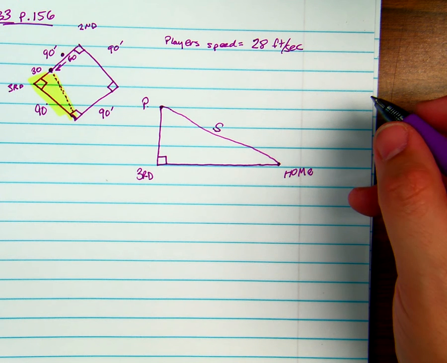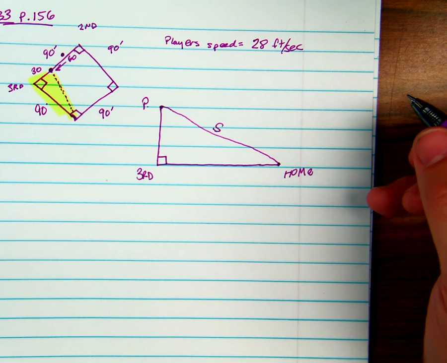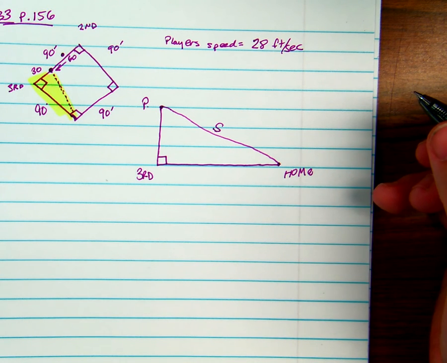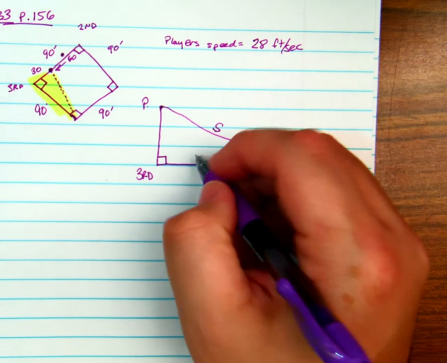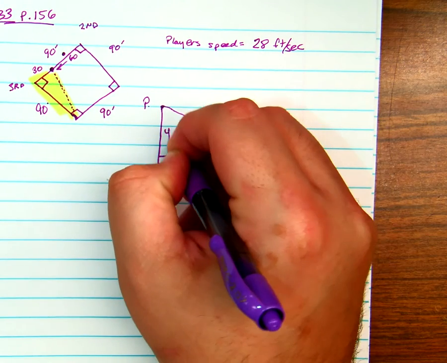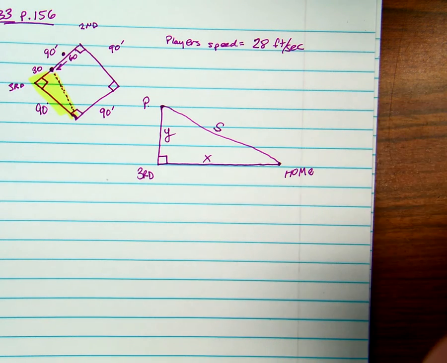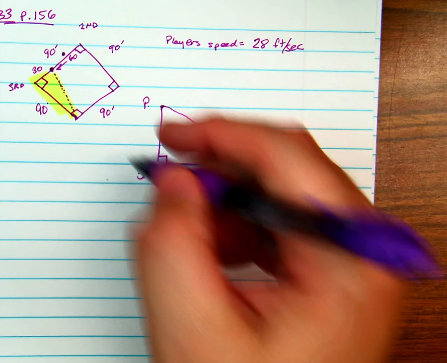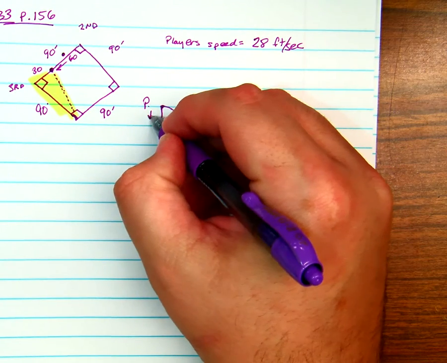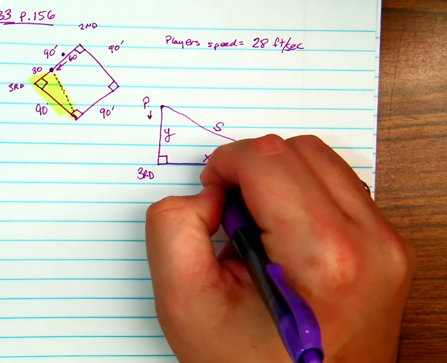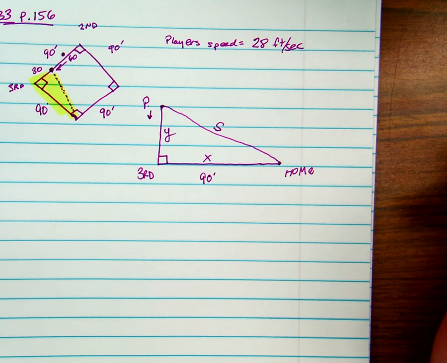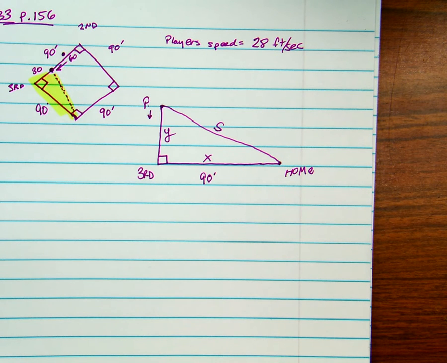So now my big question is, what type of shape is this? Right triangle. So I can call that X, I can call that Y. You can call it A, B, C, D, whatever you want. The player's running this way. This is a fixed 90 feet, but we'll put that in. Remember, related rates, what do we do first? We go abstract, which means we don't plug in any numbers.